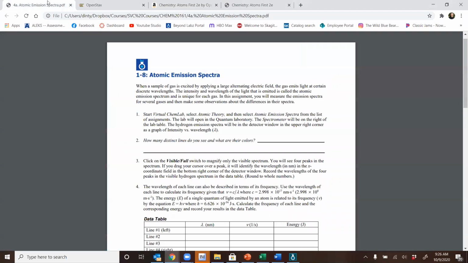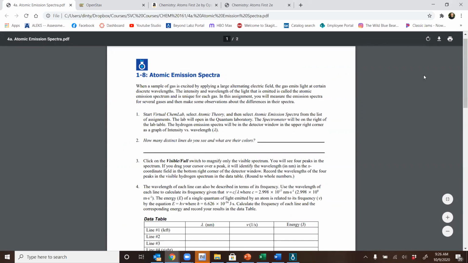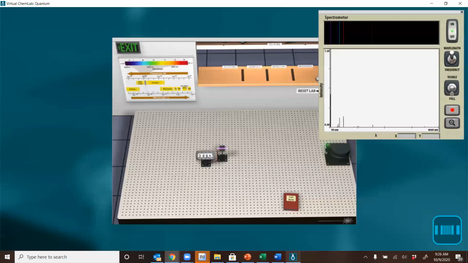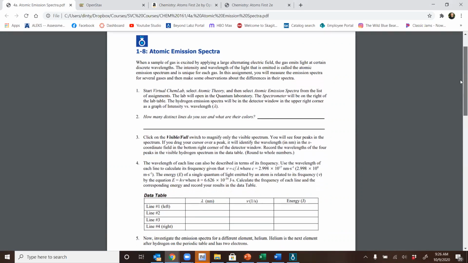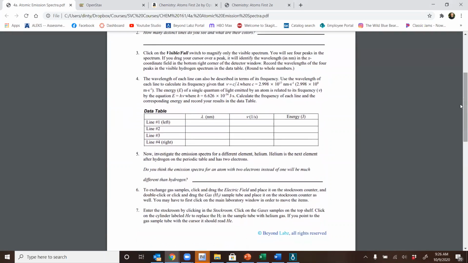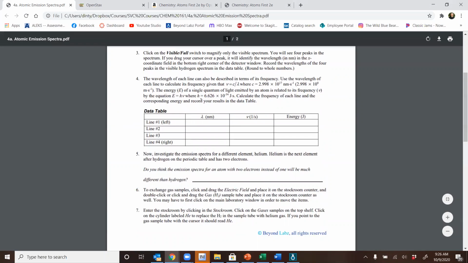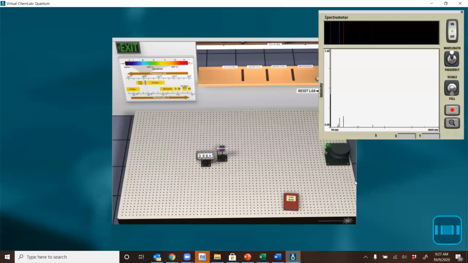All right, so let's get back to our atomic emission spectrum. How many lines do you see? What are their colors? That's pretty easy if you just look on the spectrometer to see what you see. We can click on a switch to magnify just the visible part of the spectrum.